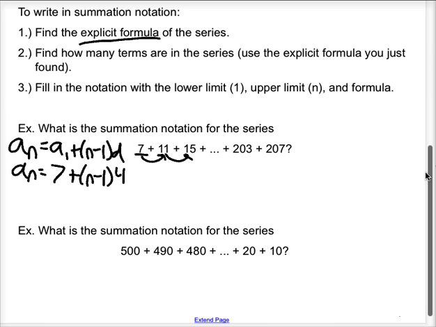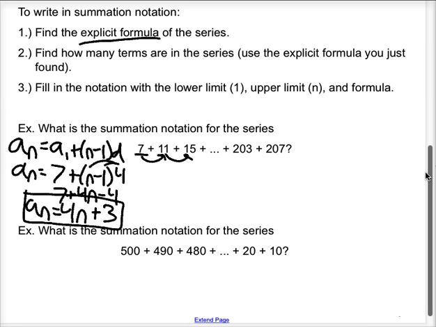Since we're going to have to be using this, let's clean it up a bit. So I'm going to distribute that 4 and then subtract the 4. So our explicit formula is going to be 4n plus 3. All I did was plug it in and simplify it a little bit. Now, what's the next step?